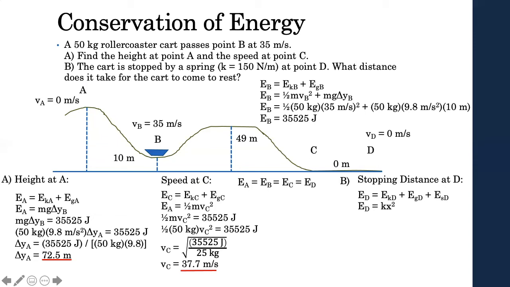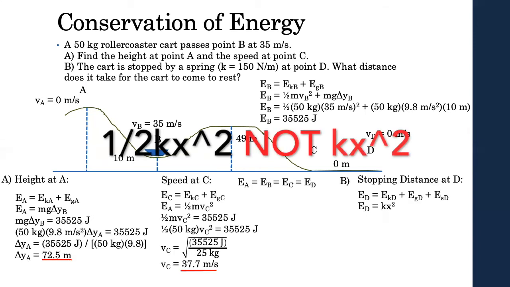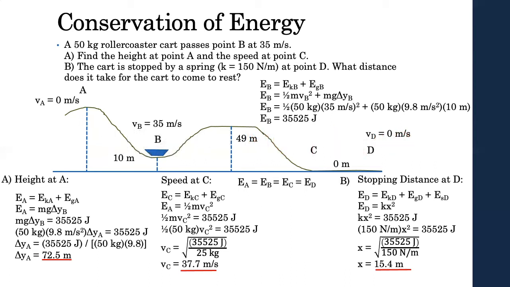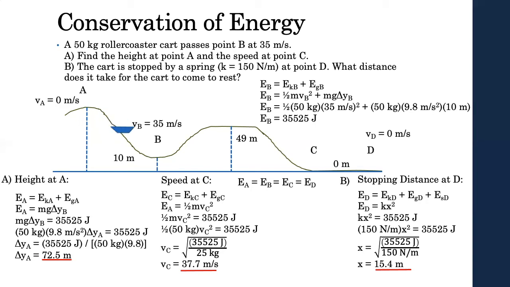We know K is 150 newtons per meter, and we know total energy is 35,525. Who has an answer for X? So what number do you get when you include the 1/2 ahead of it? 21.8. Anybody else get 21.8? Yeah. Okay. Ta-da, you got the answer.